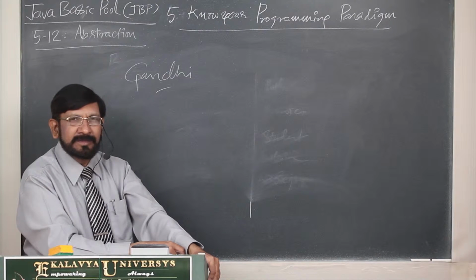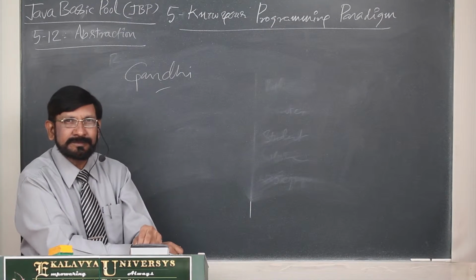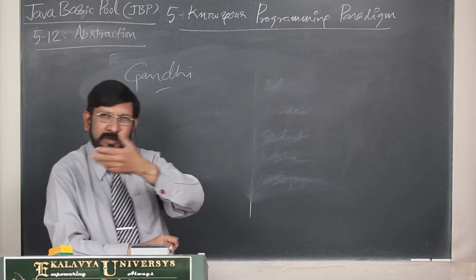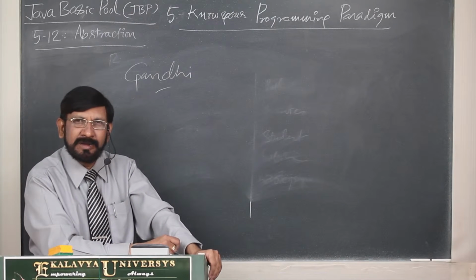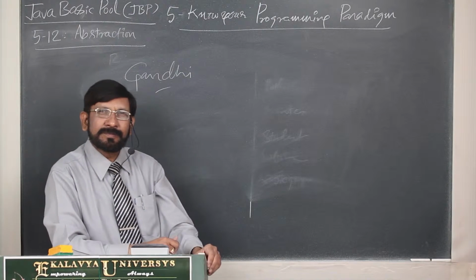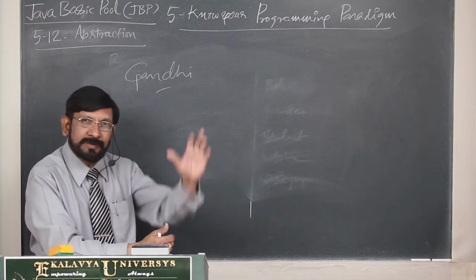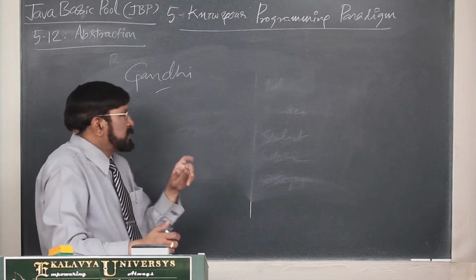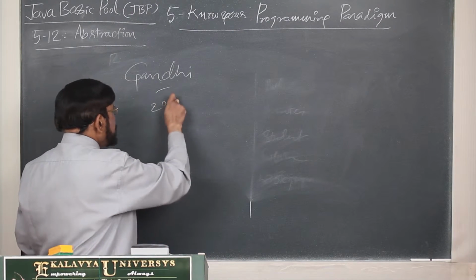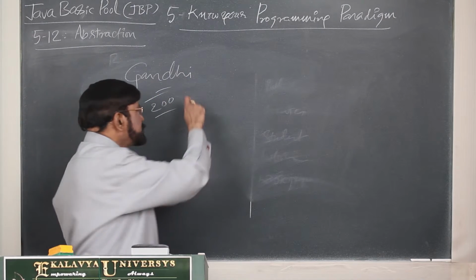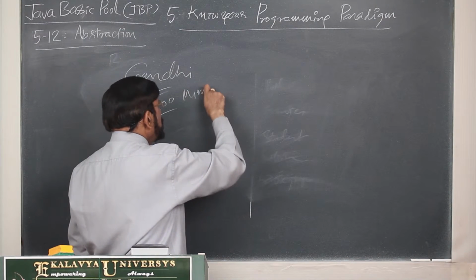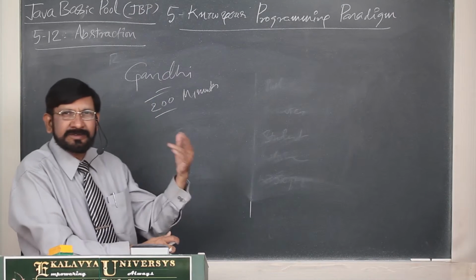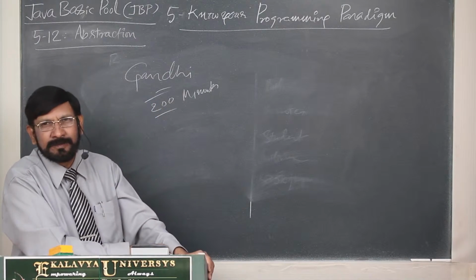Gandhiji lived 79 years. Suppose you list out all the core events in his life, at least 500 to 1000 events might be there. But what is his limitation? He gets a maximum of 200 minutes of time. Within 200 minutes, how many scenes can he incorporate in his film?